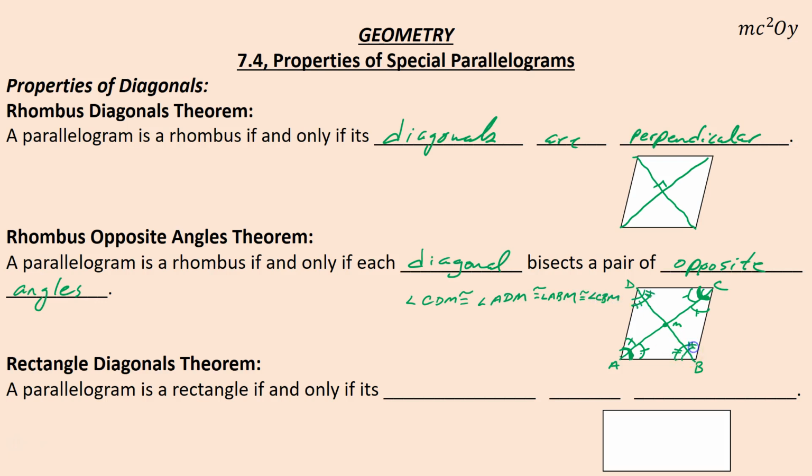So all 4 of these angles are congruent. We could do the same thing with the others. I'm not going to go through that process right now, but you've created a set of 4 congruent angles there.